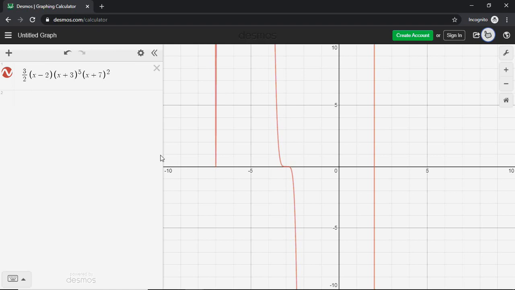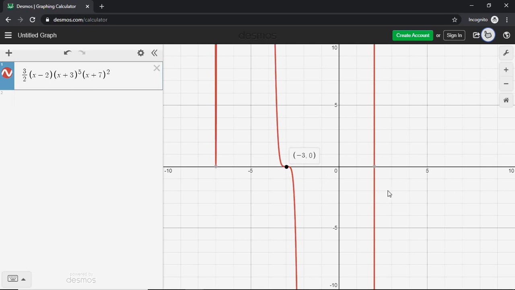Here's an 8th degree one. Is it behaving the way that we expect it to? Well, kind of. I mean, here I've got a 0 at -3. It's getting kind of flat, but going through it. That's what we're getting here from this term, which is multiplicity 5. Odd power going through.